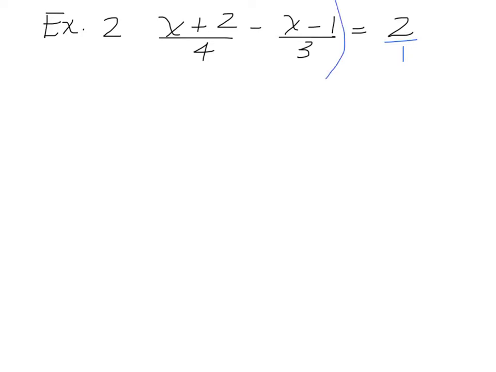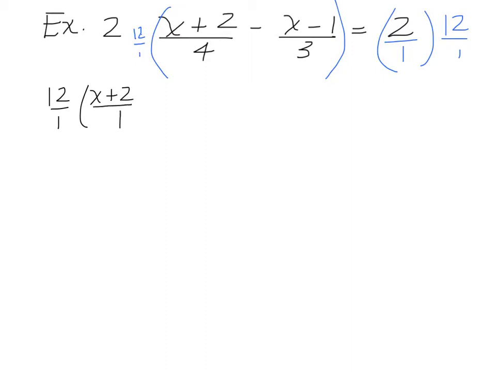So this side I'm going to multiply by 12, and this side I'm going to multiply by 12. That way, for each one, I'm going to do what's called cross canceling.